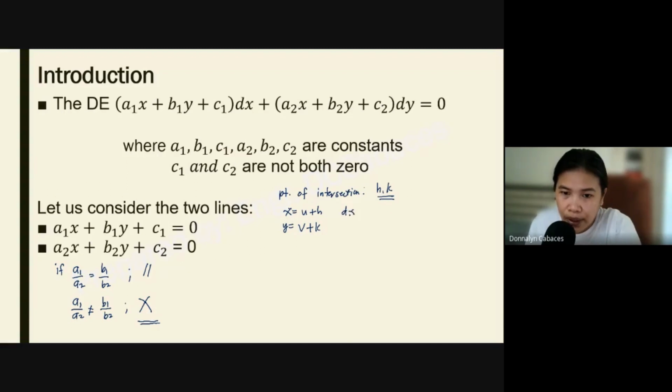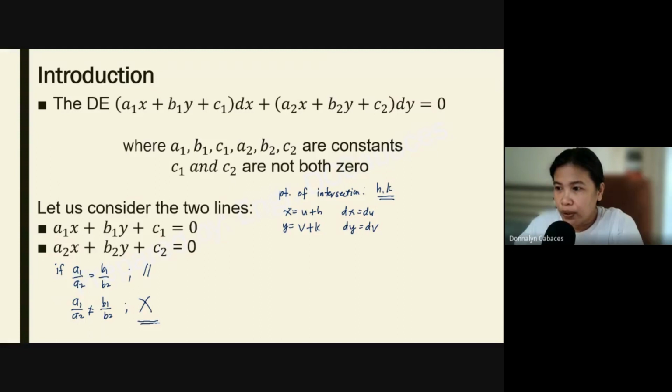And therefore, dx is equal to du and dy is equal to dv. Then after having this, substitute it to the given differential equation, simplify, and then determine what will be the resulting equation. It can be homogeneous, linear, exact, or anything, depending on the given differential equation. Okay?